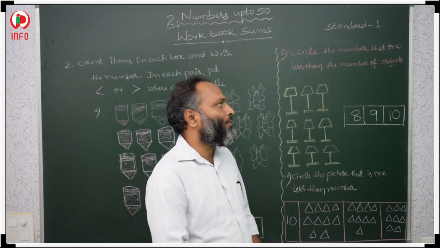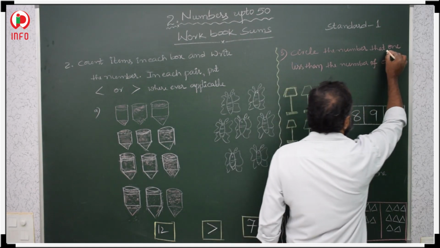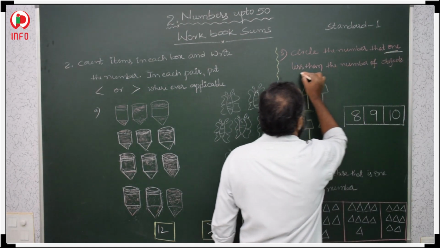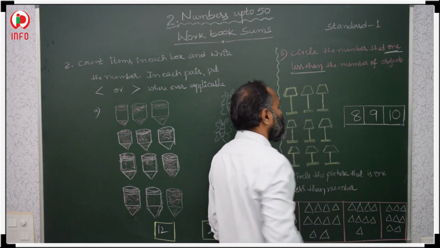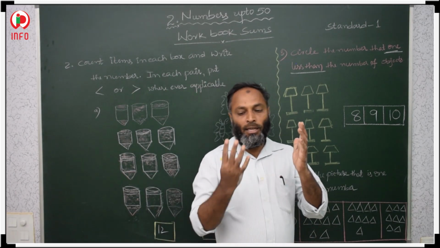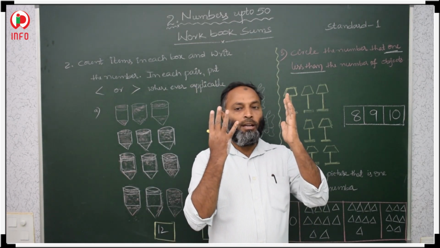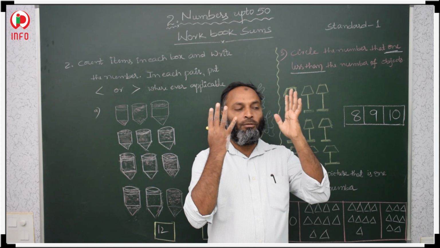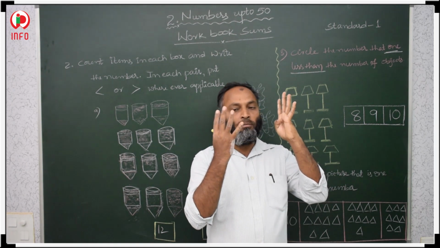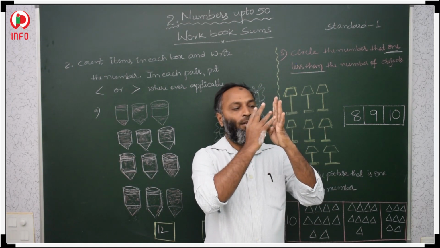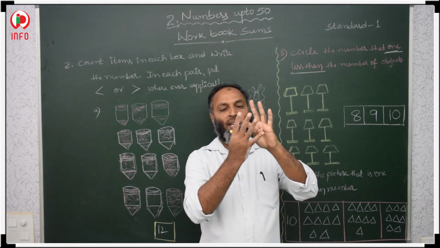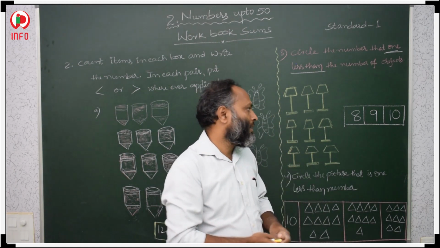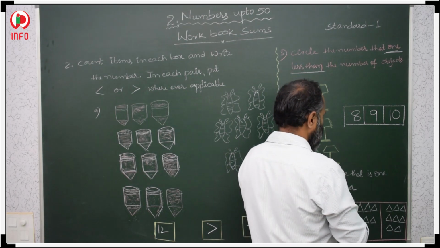Total 9 lamps were there. One less than 9 means we remove 1. Then how many will come? 1, 2, 3, 4, 5, 6, 7, 8. 8 is our answer. That 8 we have to circle.